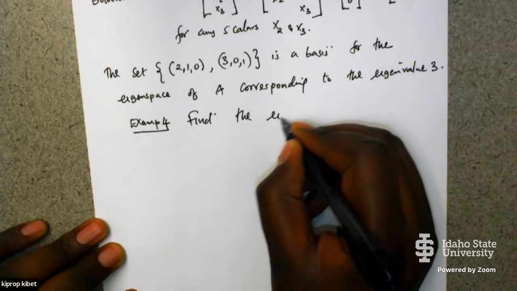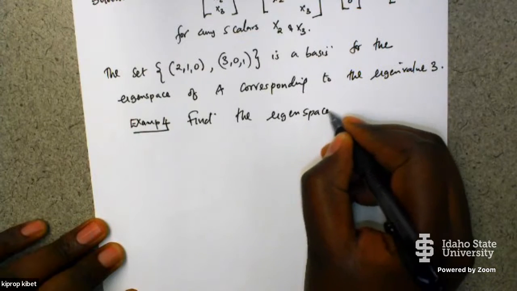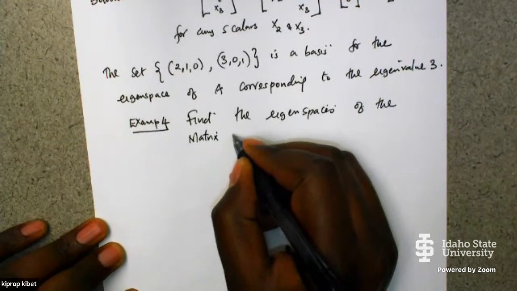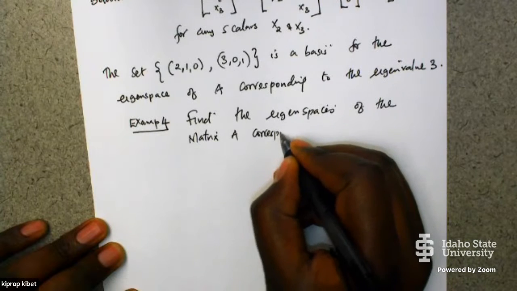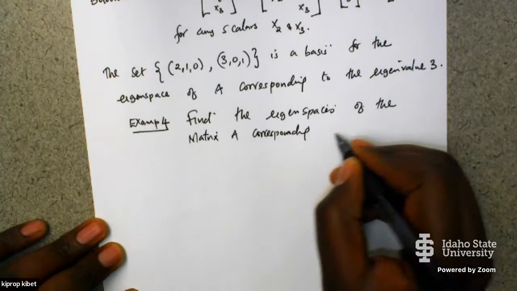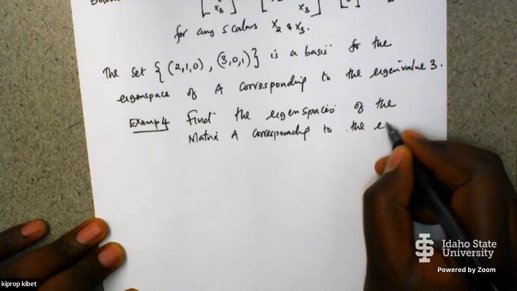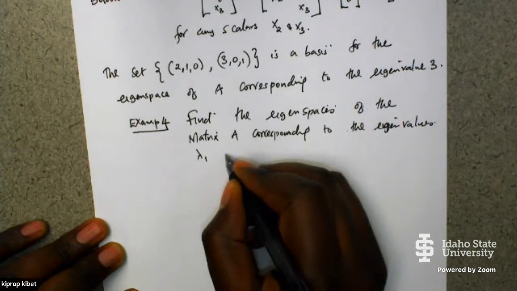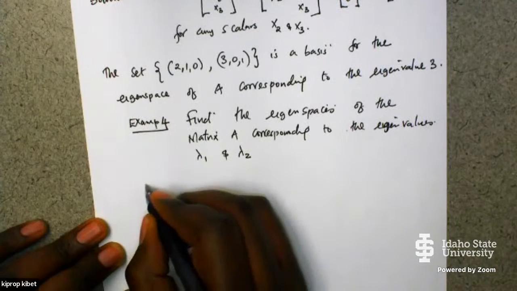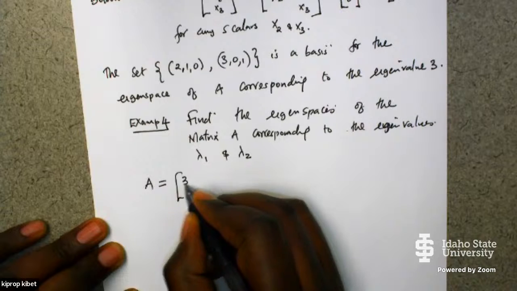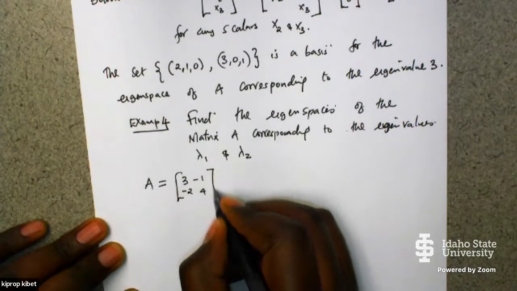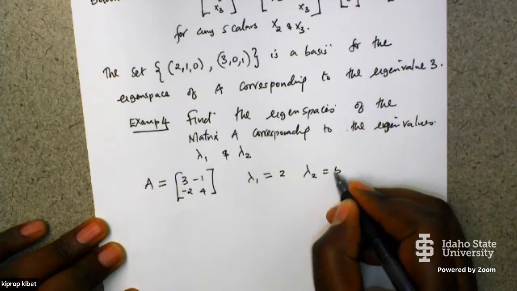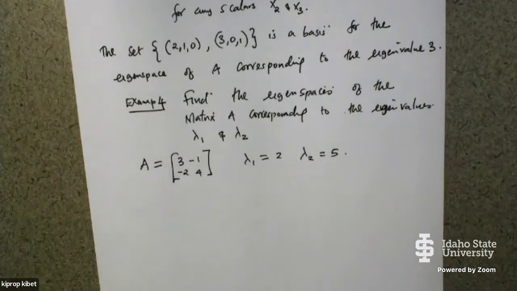Find the eigenspaces of the matrix A corresponding to the eigenvalues lambda 1 and lambda 2, where we have our A equal to 3, -1, -2, and 4, and lambda 1 equals 2 and lambda 2 equals 5.